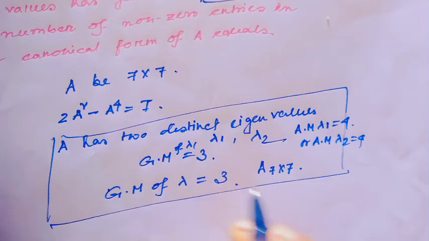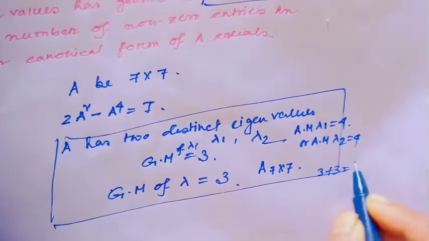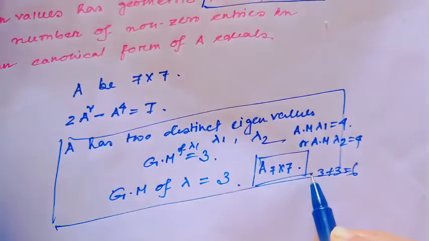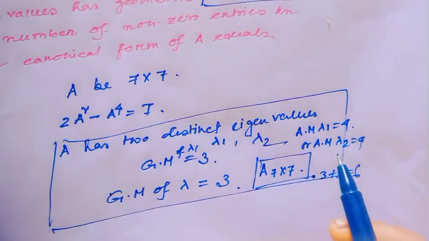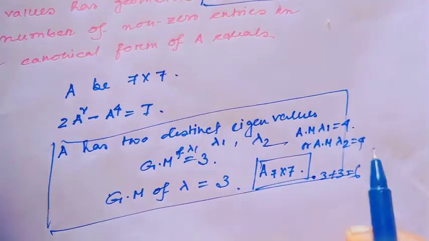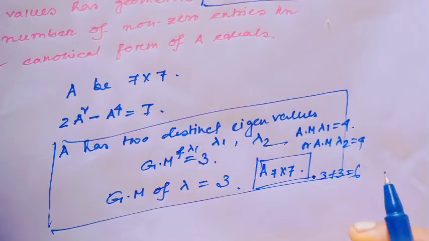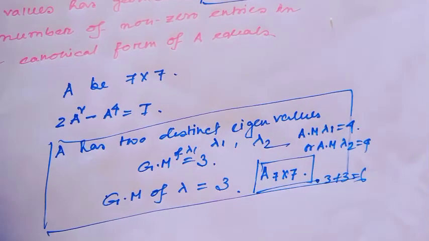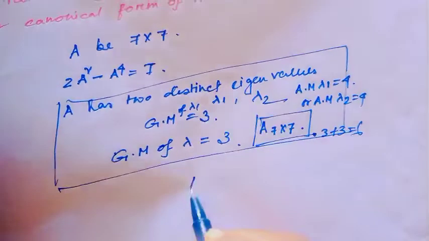That means 3 plus 3 is 6, but the given matrix is 7 cross 7. So the algebraic multiplicity of lambda 1 must be 4 or the algebraic multiplicity of lambda 2 must be 4. Are you getting it? Then the Jordan canonical form would be of this type.